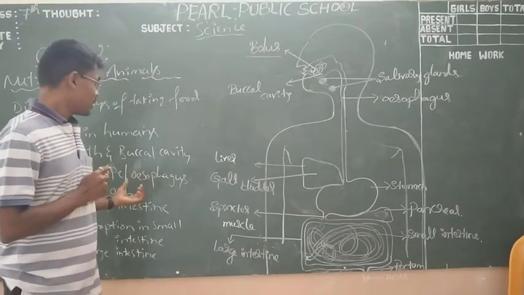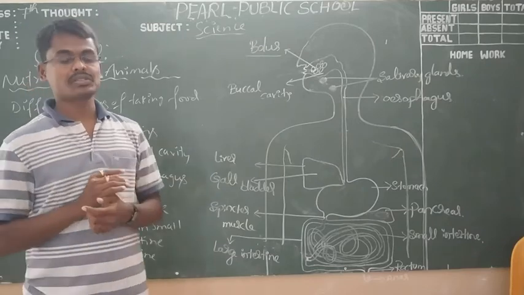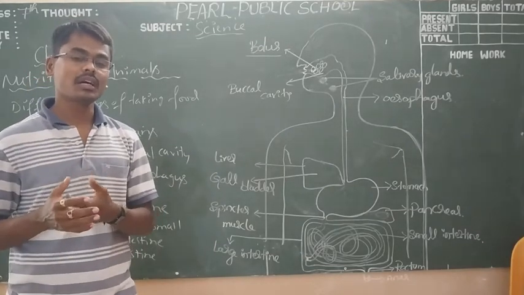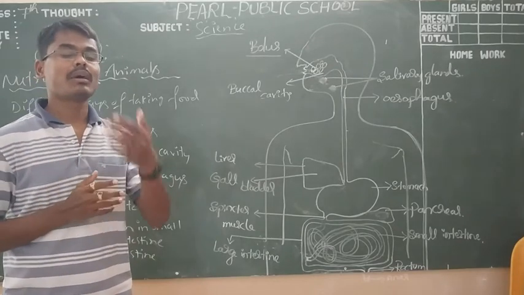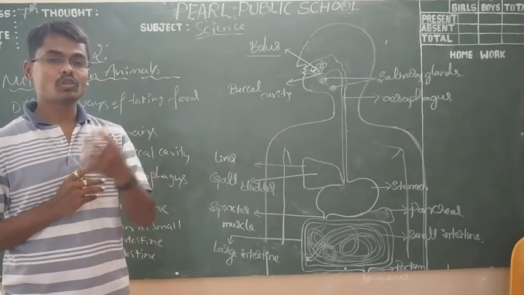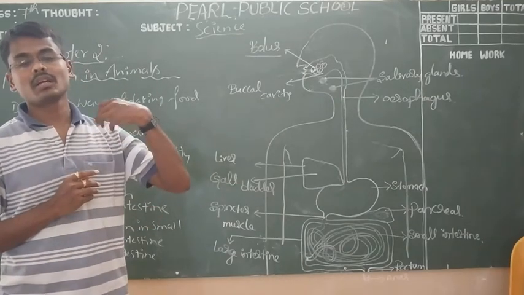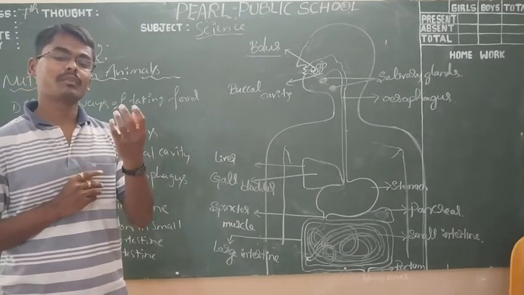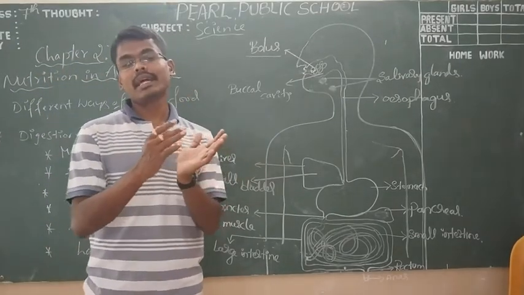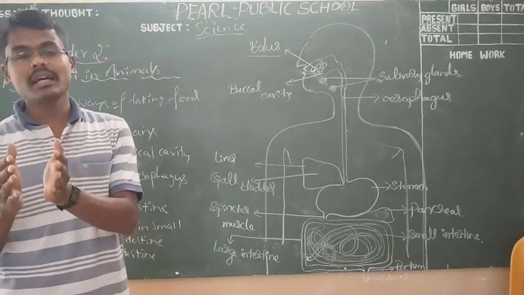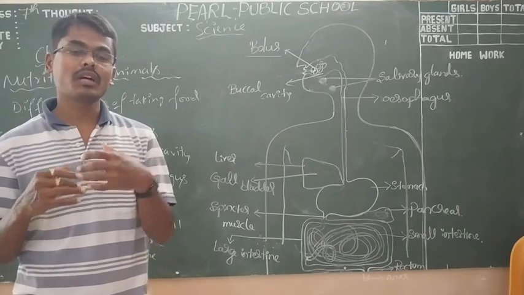Then apart from the bile juices, what are the other important functions of the small intestine? The small intestine absorbs the nutrients, the important components of the food from the digested food. Once the partly digested food enters into the small intestine, many mechanical actions are done by the movement of the bowels.